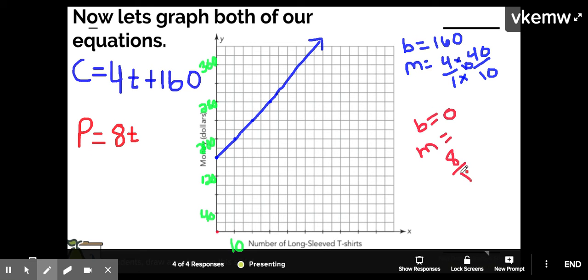So my rise over run is 8 over 1, but I'm going to multiply by 10 so that I can make that fit my scale. So I'm going to go up 80, my rise is 80, and my run will be 10.